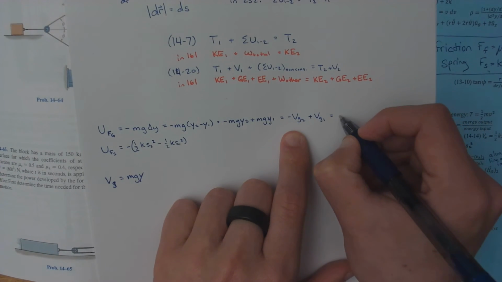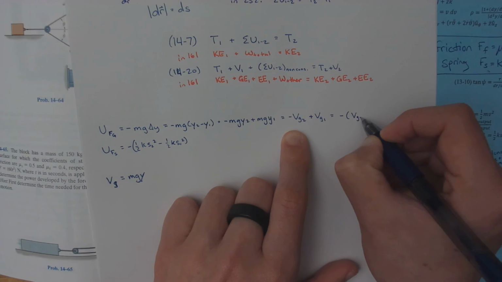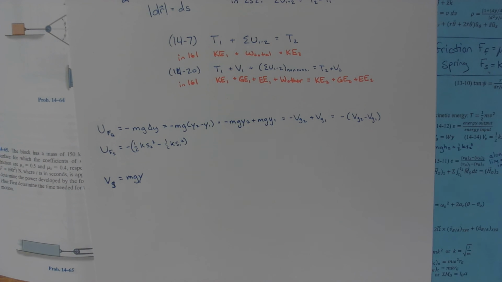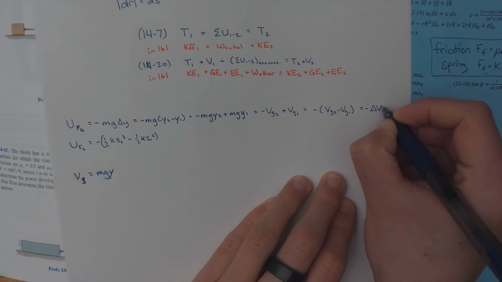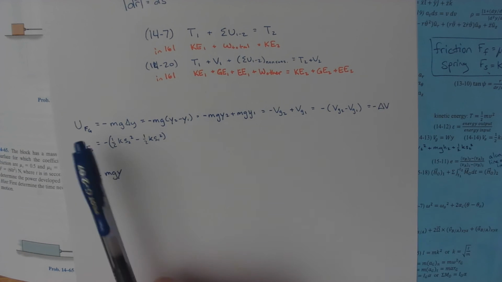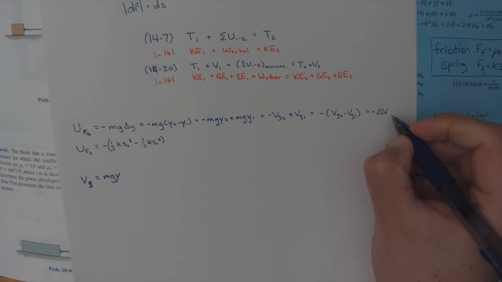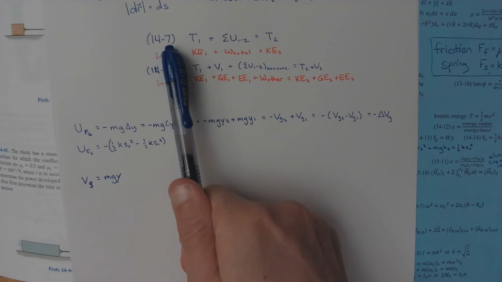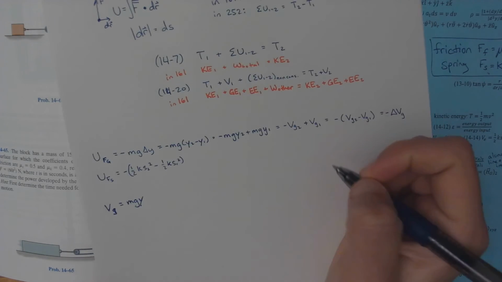But we could pull out the negative sign and say Vg2 minus the gravitational potential energy at 1. So that's the change in gravitational potential energy, so negative delta V. So the work done by the force of gravity is equal to the negative change in gravitational potential energy.